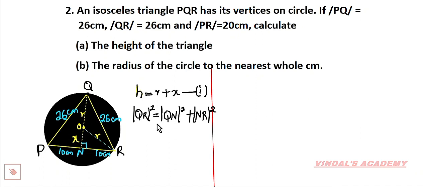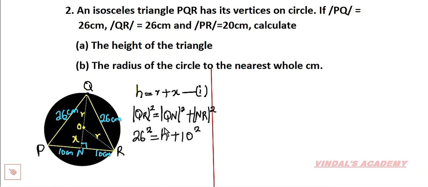This is what Pythagoras theorem states: the square of the longest side is equal to the square of this side plus the square of the height. So 26 squared is equal to QN, which is the height, squared, plus NR, which is 10 squared.